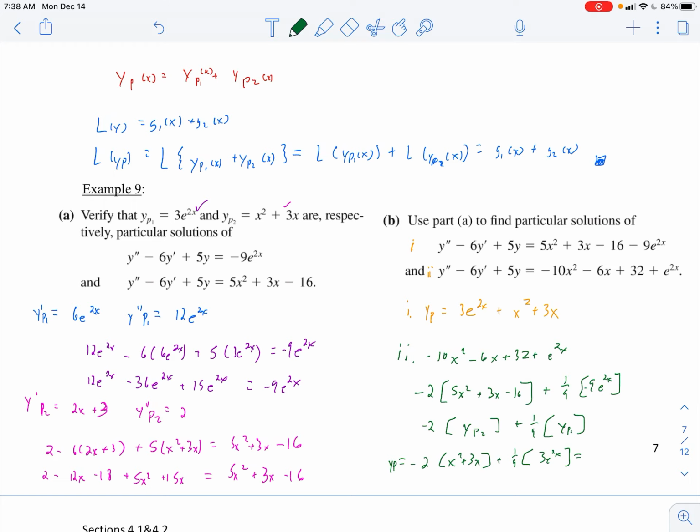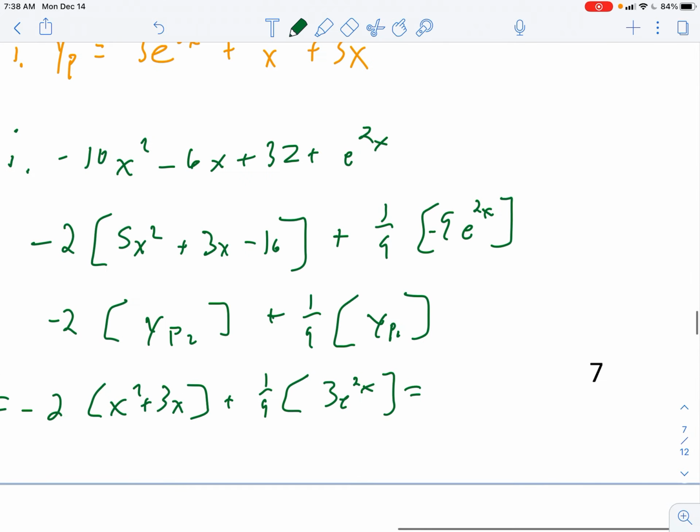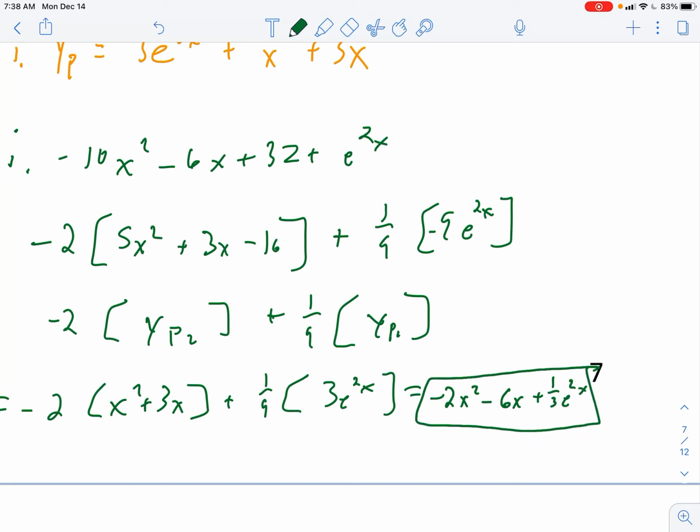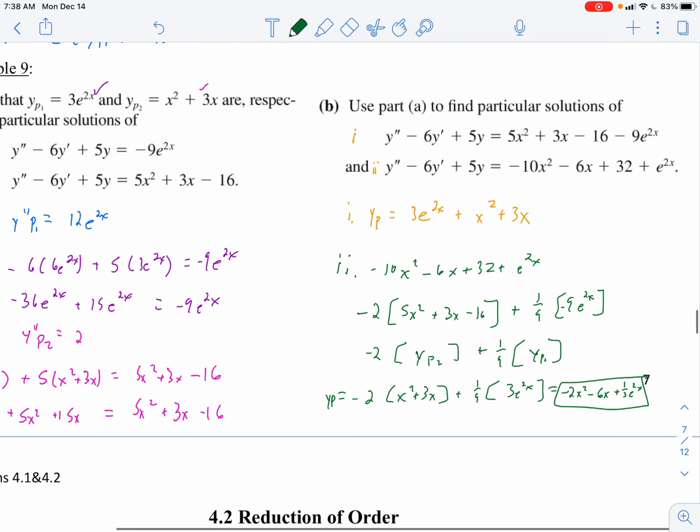So we're left with negative 2x squared minus 6x plus 1/3 e to the 2x is our solution. I'll box up all the solutions and we're finished.